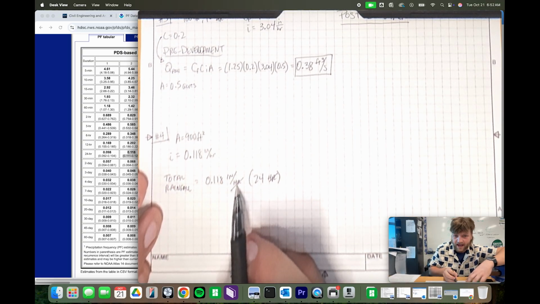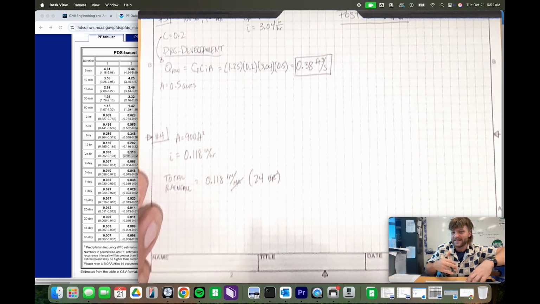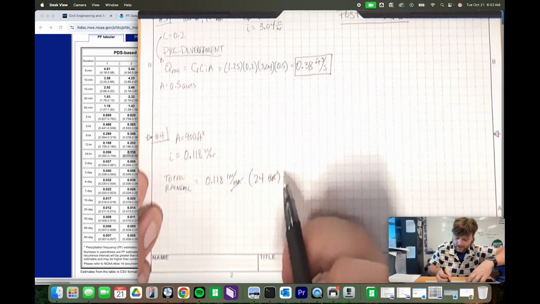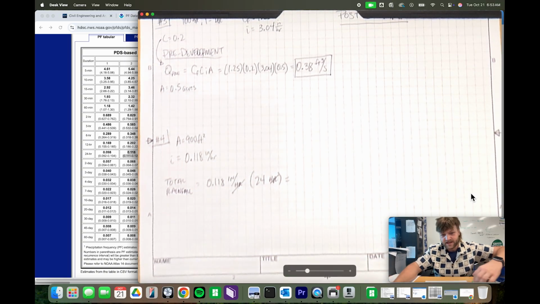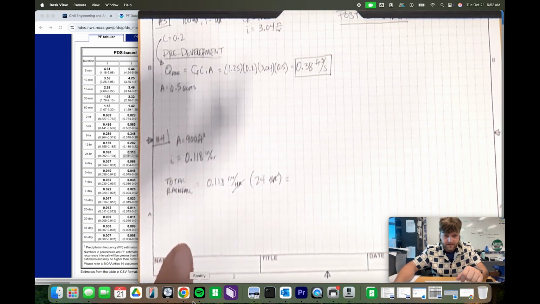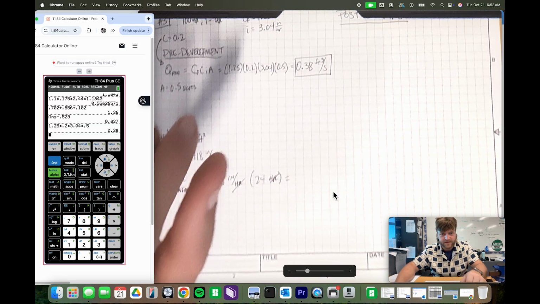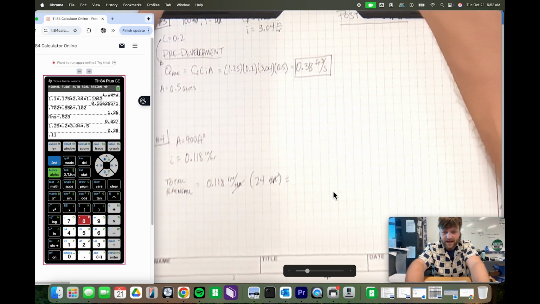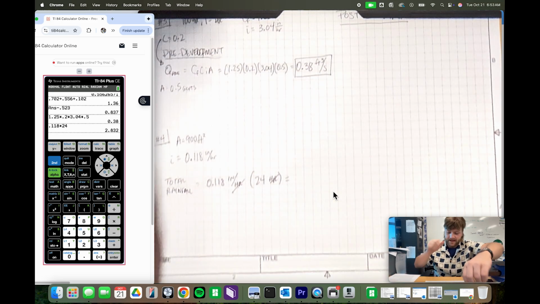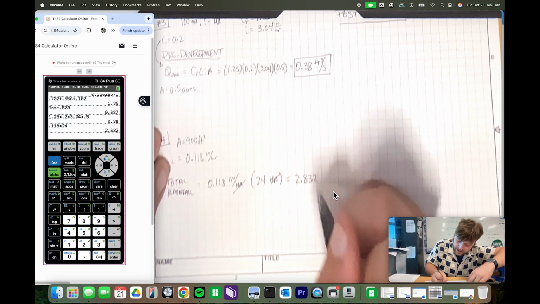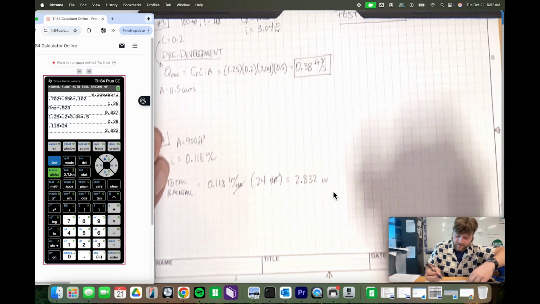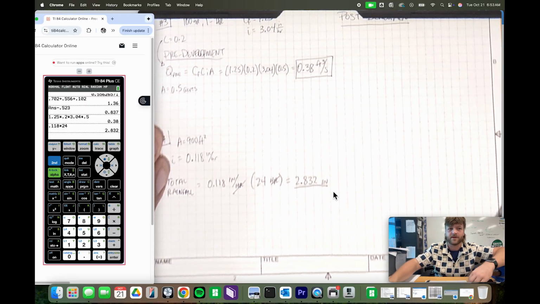It's inches per hour. If we multiply that by the duration, we can cancel out the hours. We're left with inches of rainfall. If we pop into the good old TI-84, 0.118 times 24 is going to give us a total depth of 2.832 inches of rainfall. So that's our total rainfall.